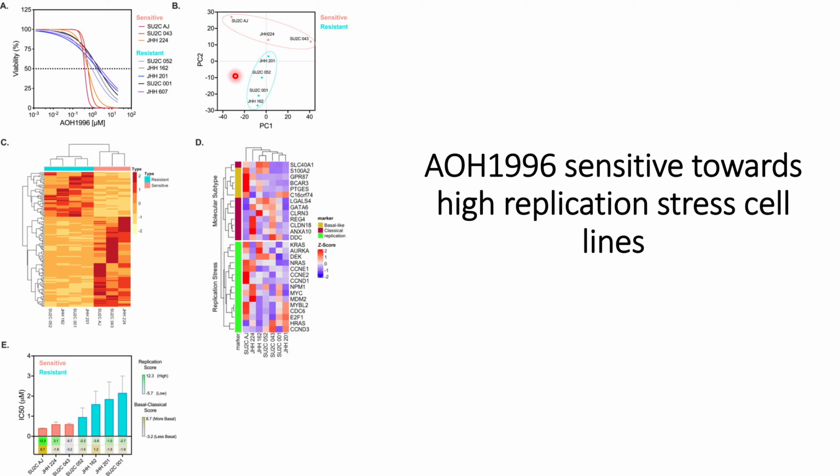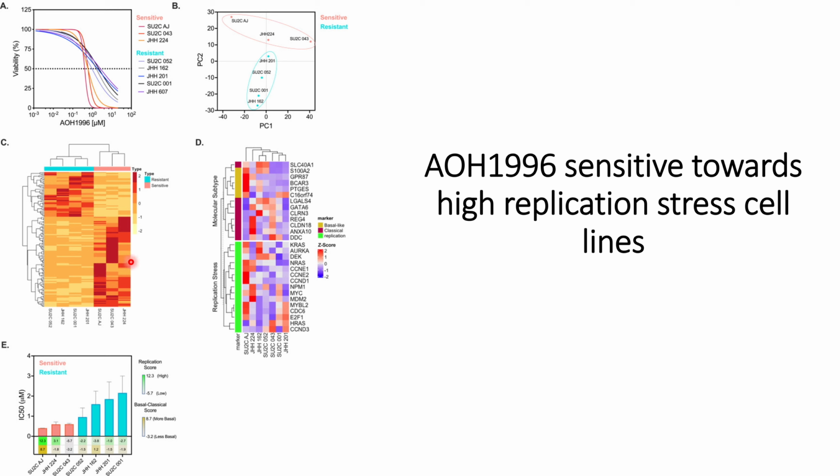Thereafter they did the gene transcriptome analysis, and they found that in the resistant cell lines there are some genes that are commonly upregulated, and in the sensitive cell lines there are other genes that are commonly upregulated.